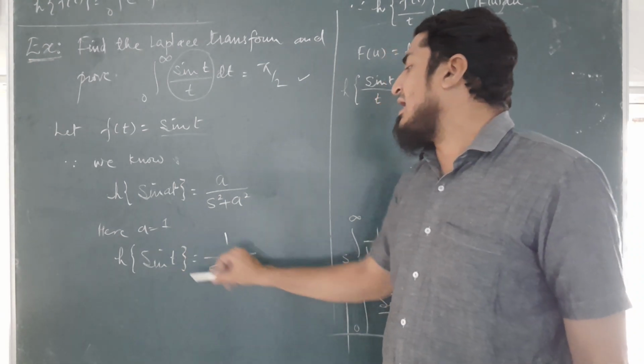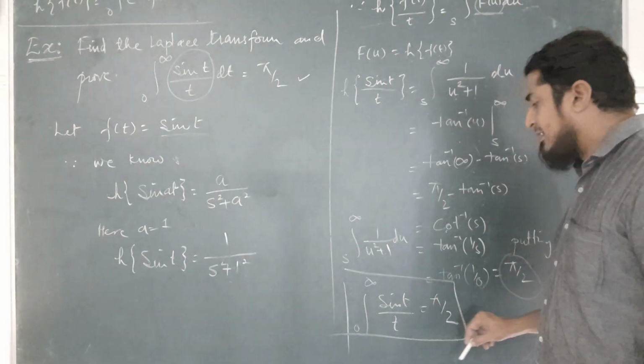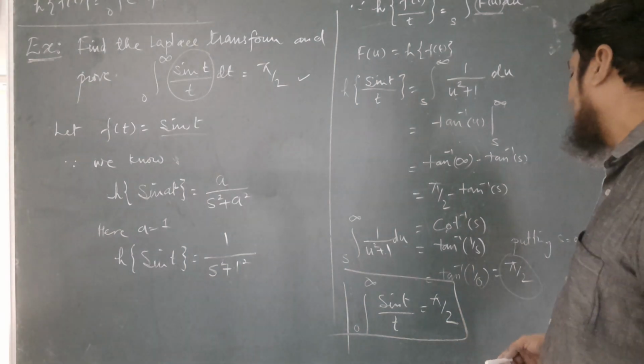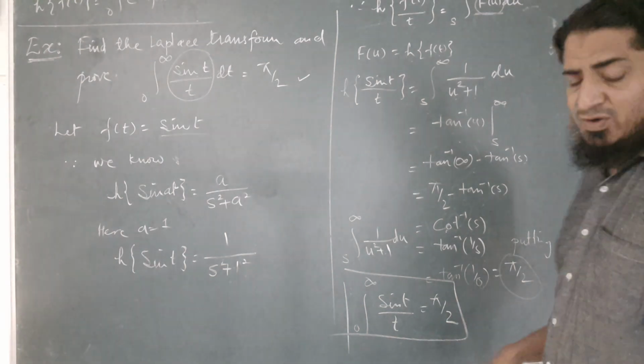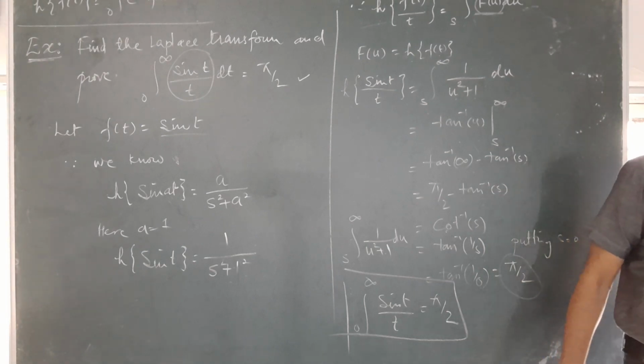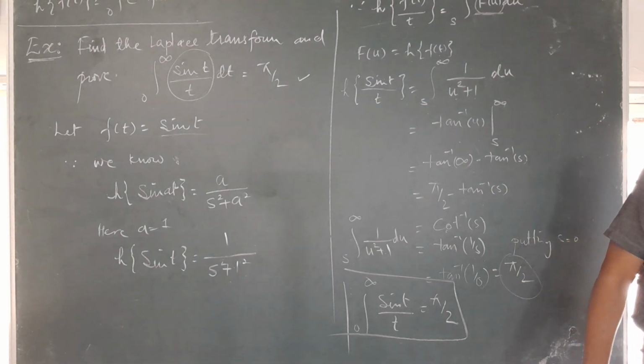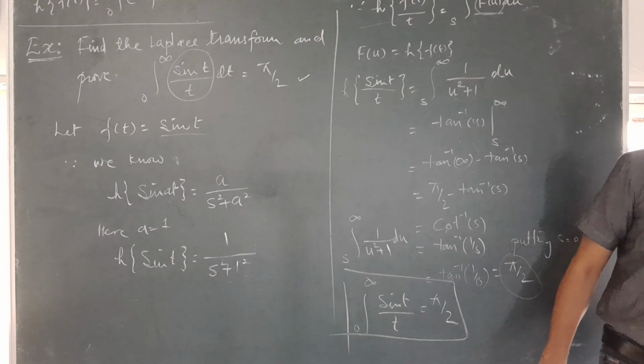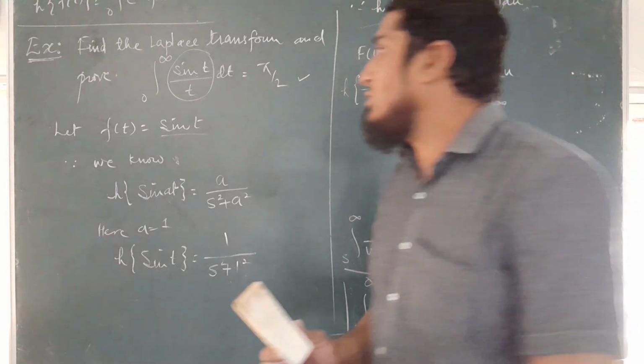Is sin t upon t. Correct? So we will get integration from 0 to infinity sin t upon t is equals to pi by 2. Correct? Now we will see one more example.